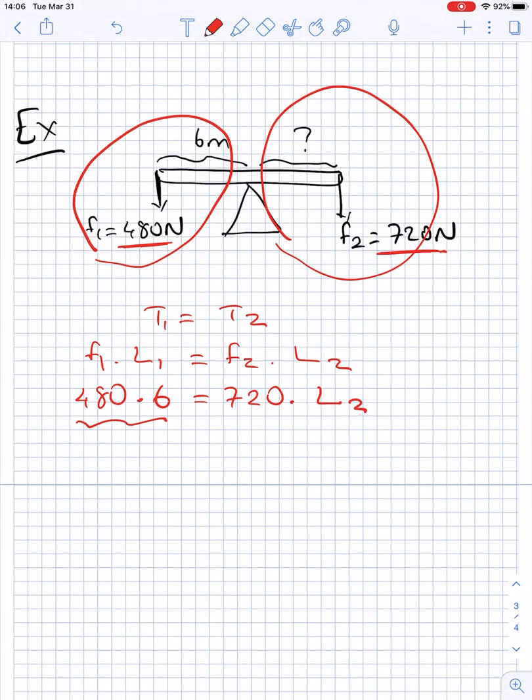Okay, after calculating, how much is 480 multiplying 6? Now I don't have a calculator, but my result L2 is equal to 480 multiplying 6 over 720. My result is 4 meters. Okay.